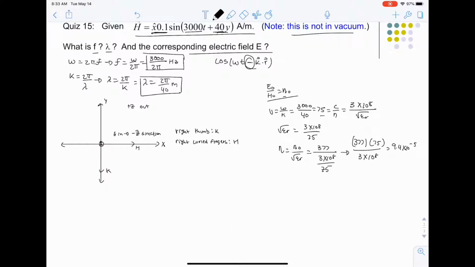And plugging it back into this equation right here, we see that E naught over H naught equals 9.4 times 10 to the negative 5.